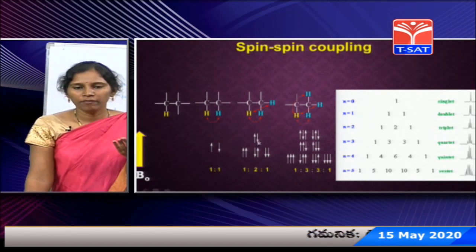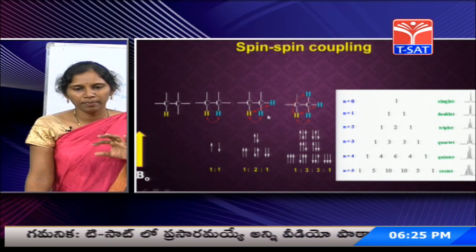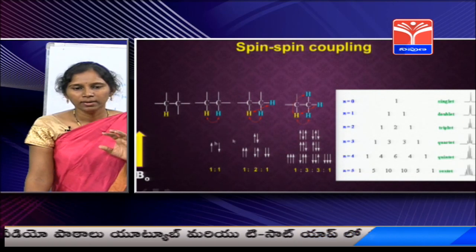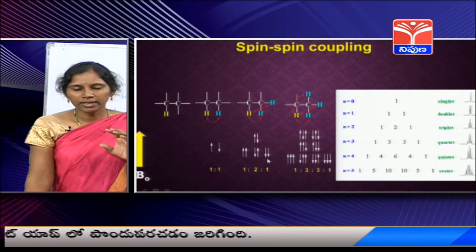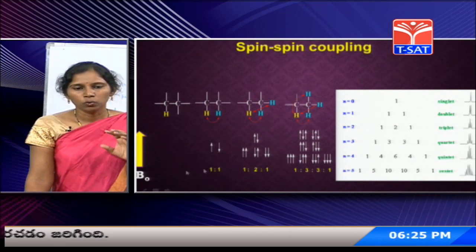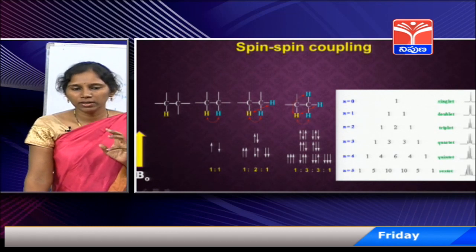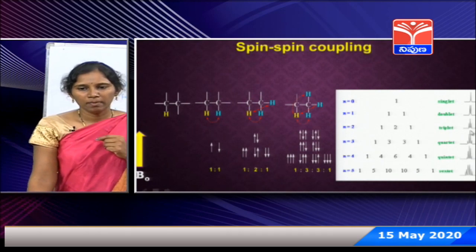Here there is no resultant, because one spin cancels with the other for these 2 hydrogens, and hence in this case it is 30 only. And if you take this one, because of opposite direction, 1, 1, 2, 30 minus 2, 28. Like that, 3 different field strengths will be observed by B naught, producing 3 signals in the NMR spectrum.